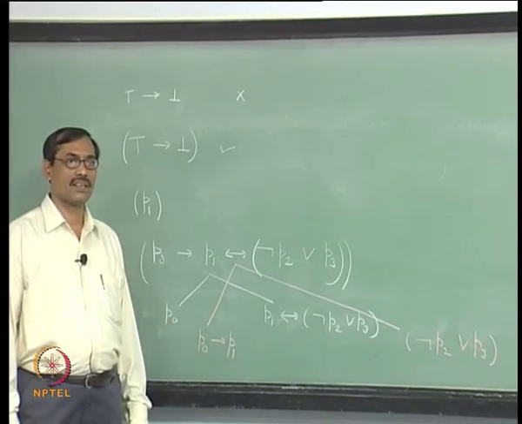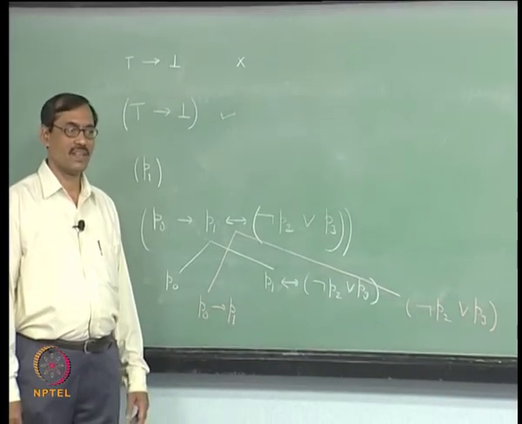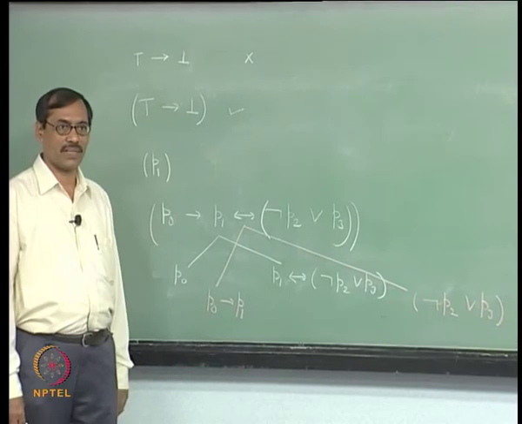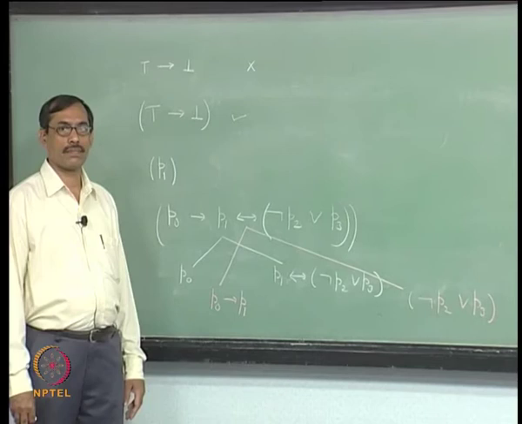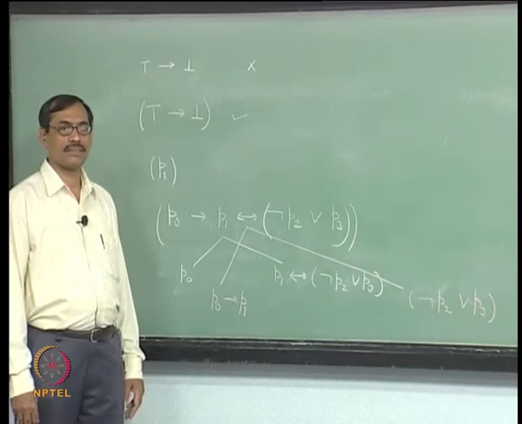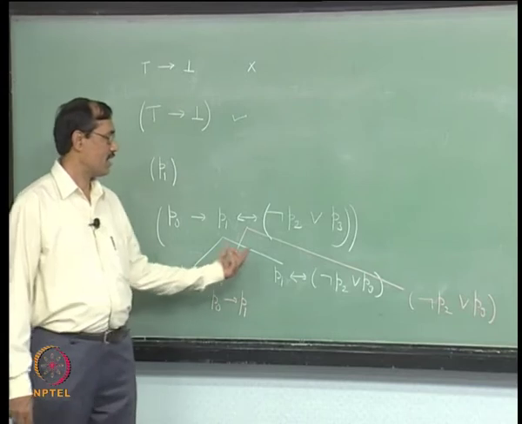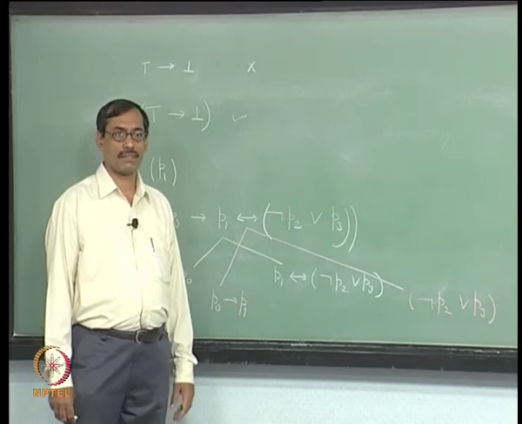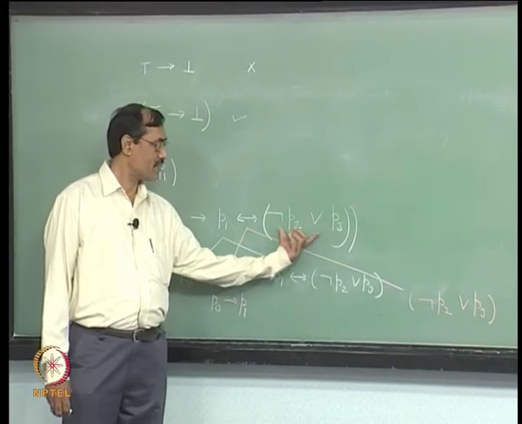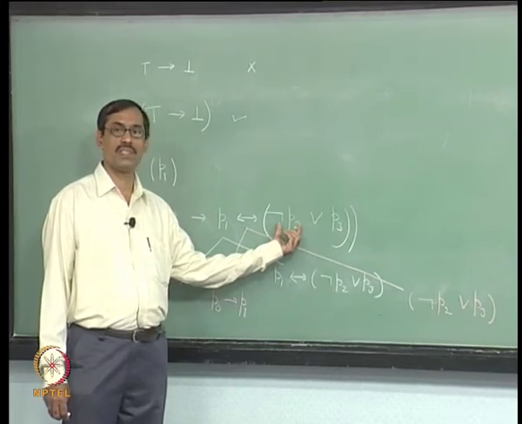Is that clear? So you can now write an algorithm to determine, given any string over our alphabet, whether it is a proposition or not. All that you have to do is identify which substring inside it is a proposition. You could have started by identifying not P2 as a proposition, because P2 is atomic.